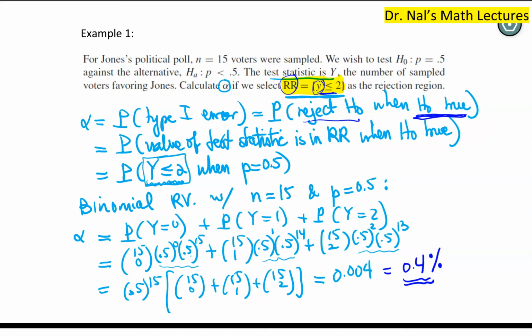So what we did is we calculated those individual probabilities based on assuming that p was 0.5, and then we came up with this value for alpha, and that shows the probability that we will conclude that Johns will lose the election while in fact he's a winner, right? This shows that we have an extremely small risk of making a mistake here.